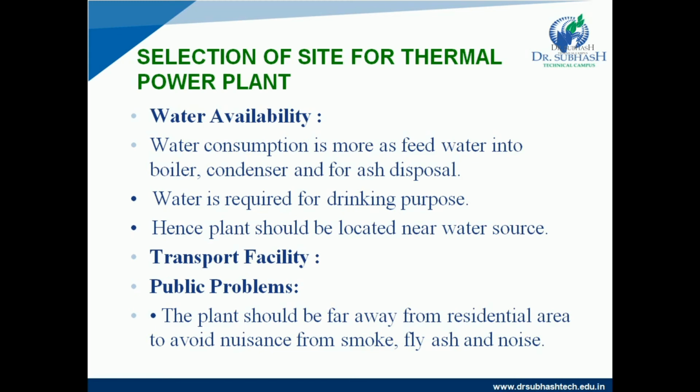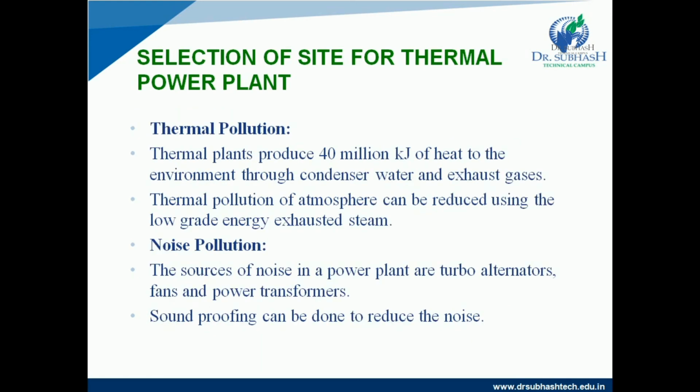Hence, plants should be located near water sources. Transportation facilities, which are also related to the coal, right? Public problems. The plant should be far away from the residential area to avoid the nuisance from the smoke, fly ash and noise, right?